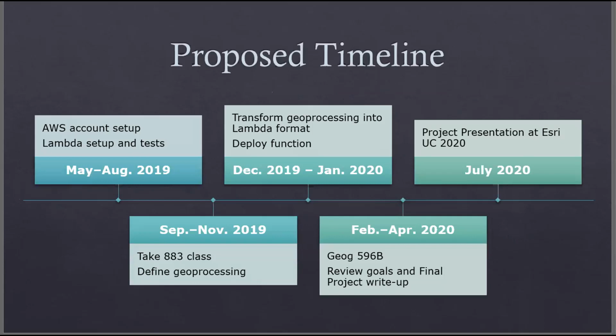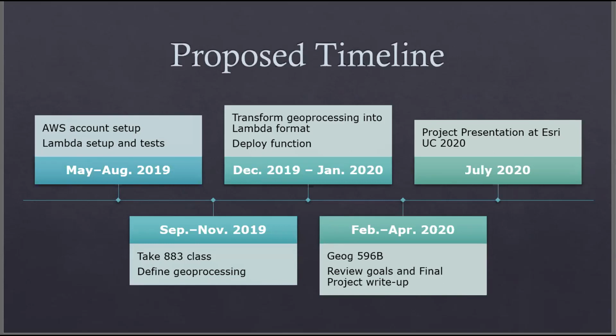So here's my timeline. I think the key here to mention for me is to take the 883 class, because that's where I'm going to define the geoprocessing method that I'm going to use. That's the more focused GIS problem, and also the area of study.